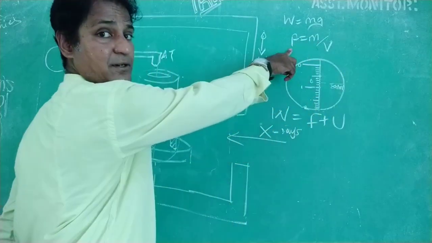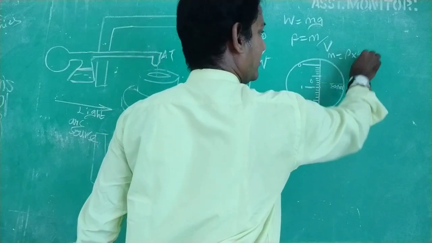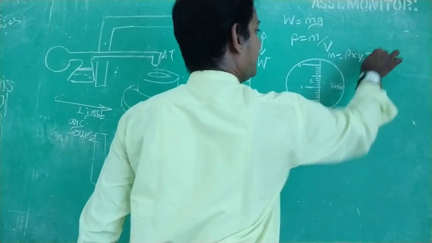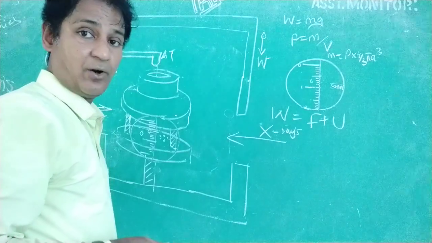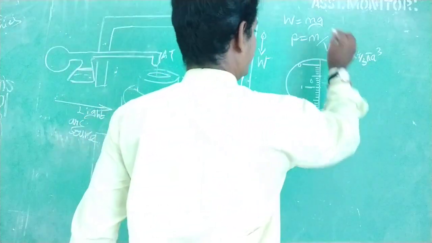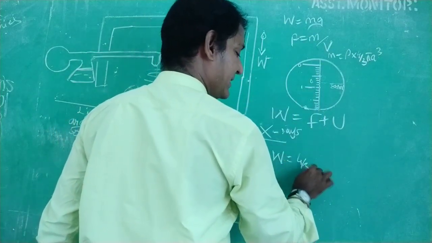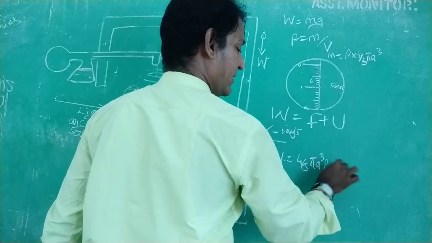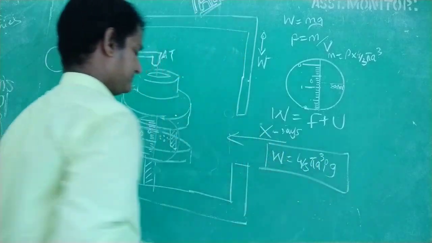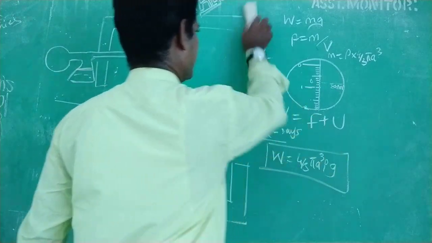So m is equal to rho into 4 by 3 pi a cube, where a is the radius of the spherical oil droplet. Right? So when we apply, W is equal to 4 by 3 pi a cube rho into g, that is W. Okay, let me write this for your convenience.